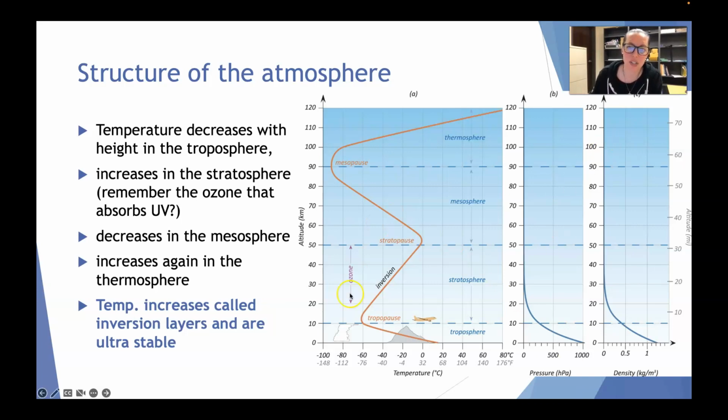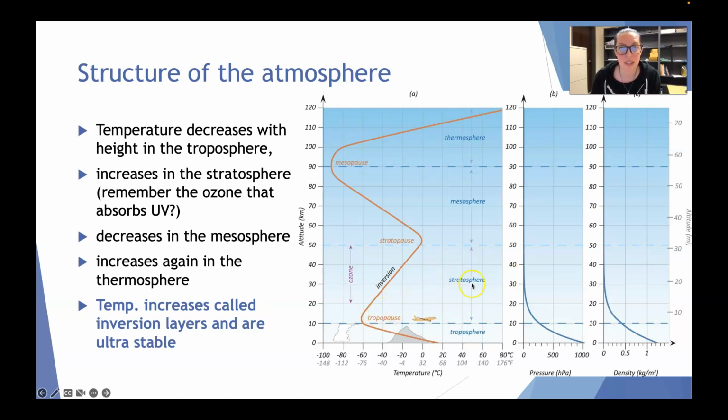Just to explain this graphic a little bit. This is an average temperature profile of our atmosphere, with the temperature on our x-axis and altitude on our y-axis. And this orange line is the given average value of temperature. What we also have here is the split of different layers of the atmosphere. Down here at the surface, we call this the troposphere. Then in between these two layers, the tropopause.